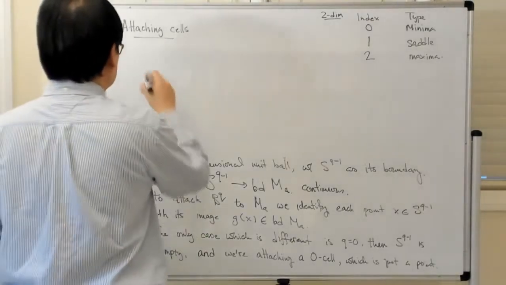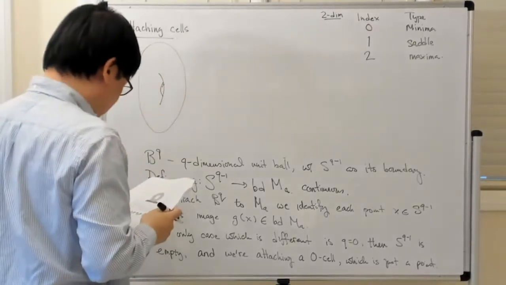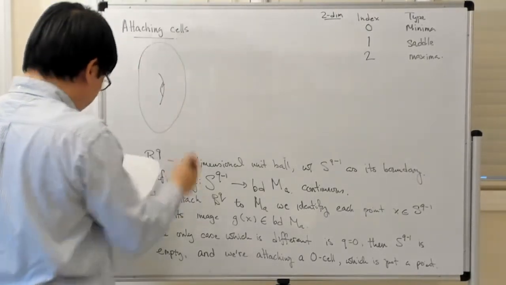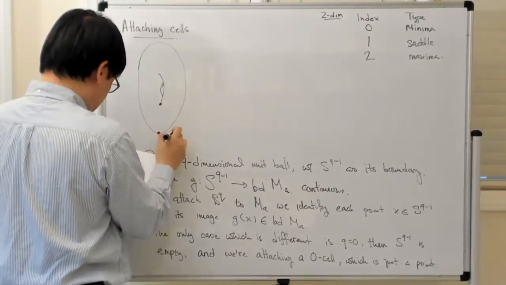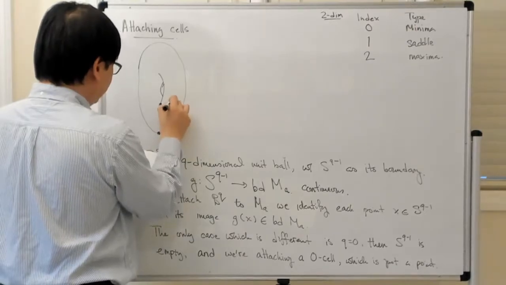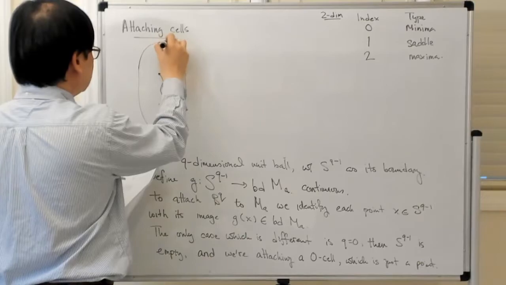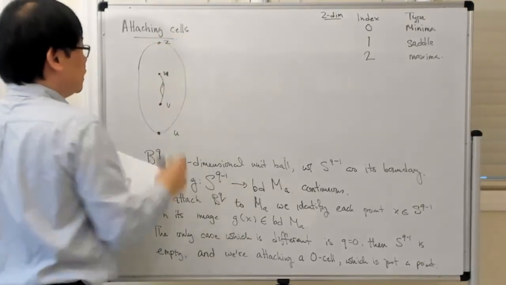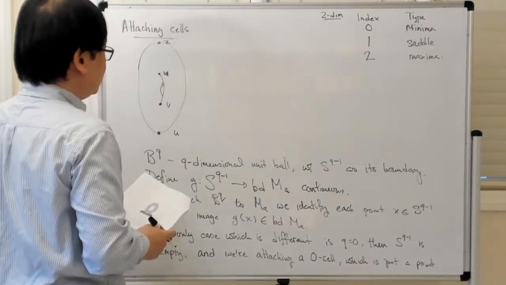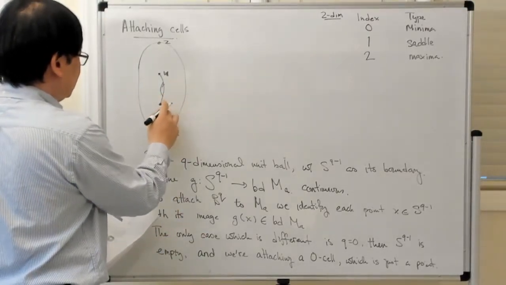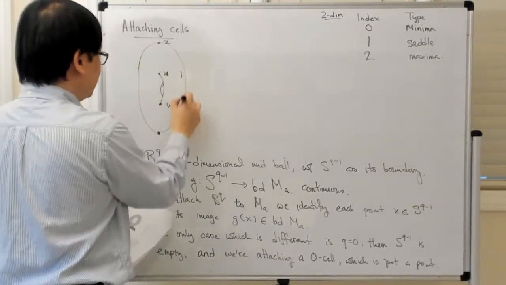All right, so you have again this donut on its side, and there are a bunch of critical points, which I'll call U, V, W, and Z. You can easily convince yourself that the index associated with these two is 1, 1.